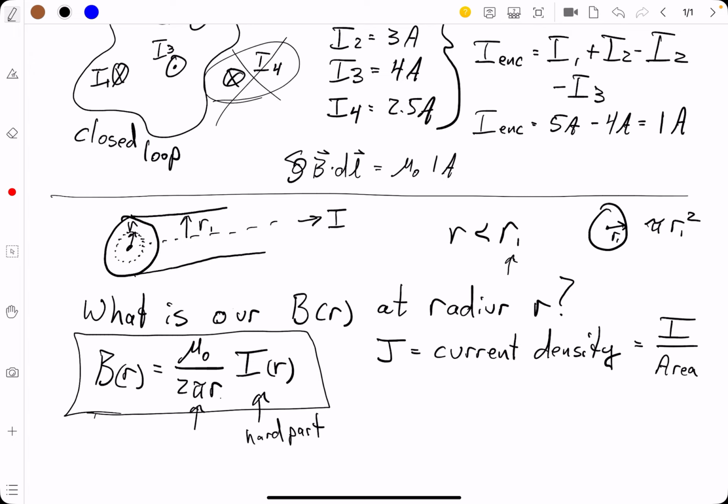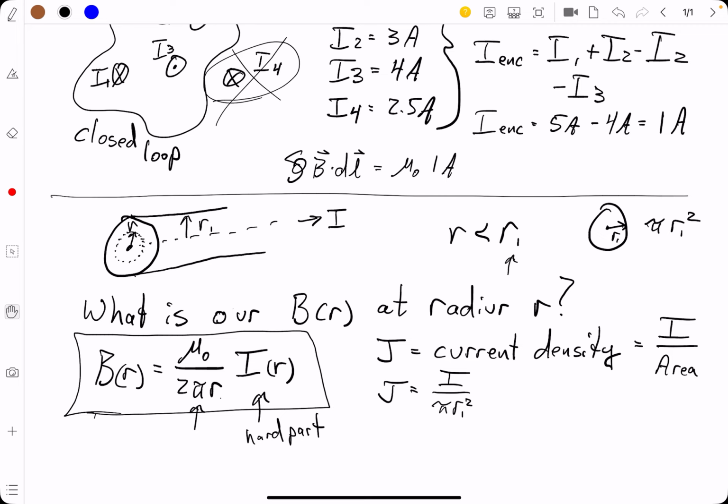So we have a current density that is equal to I over pi R1 squared. Okay, now what about our current, this I of r?